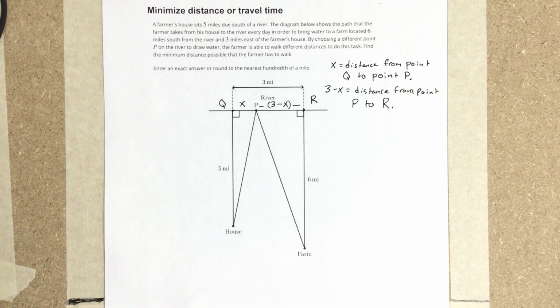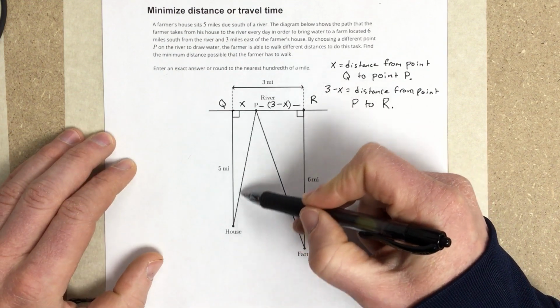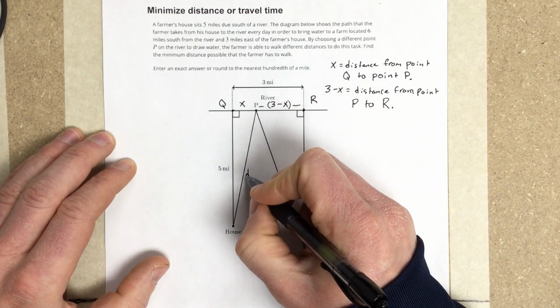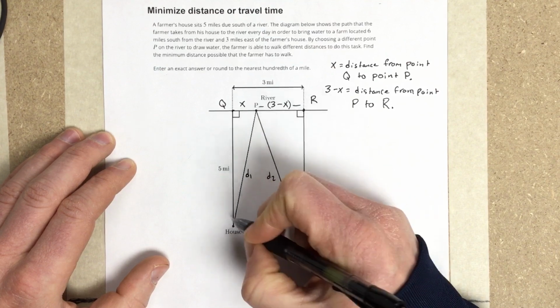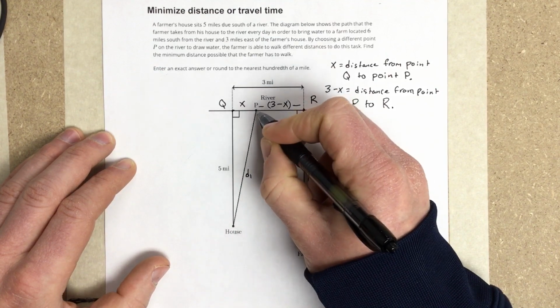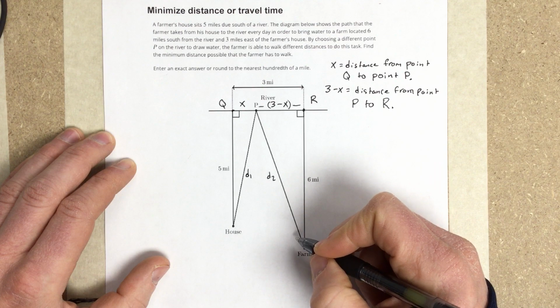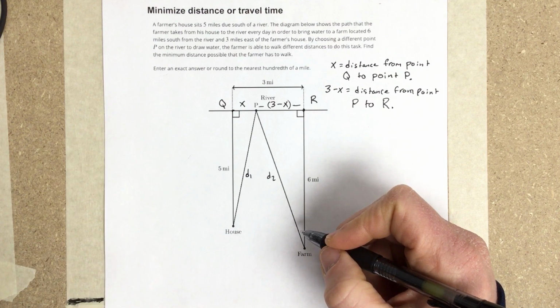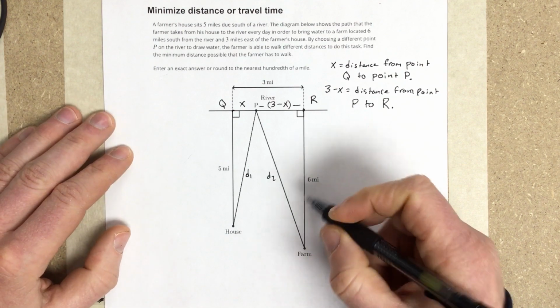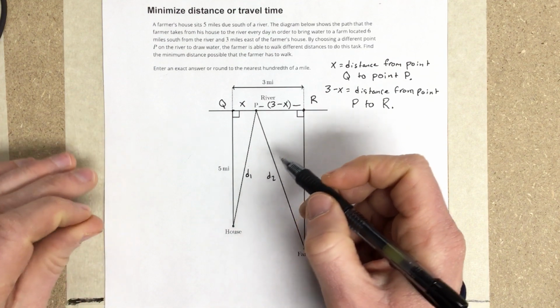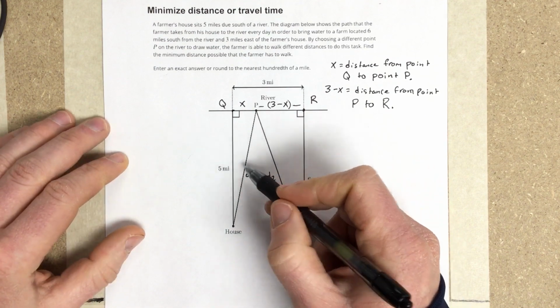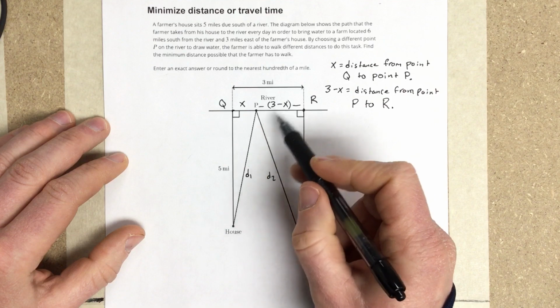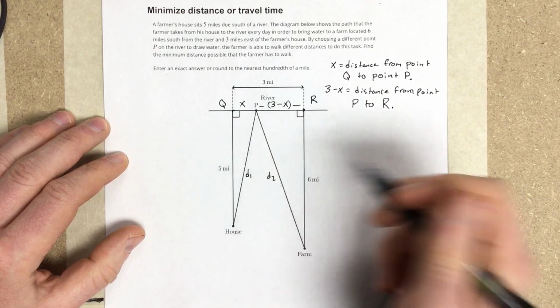Okay, so if I want to minimize his distance, I'm going to call this D1 and D2. He walks a certain distance from house to the river and then back to the farm. I can find D1 and D2 by doing Pythagorean theorems and having x and 5 for D1 and 3 minus x and 6 for D2.